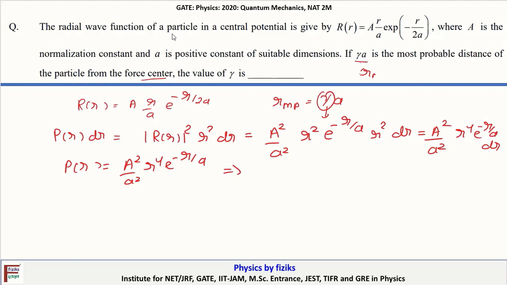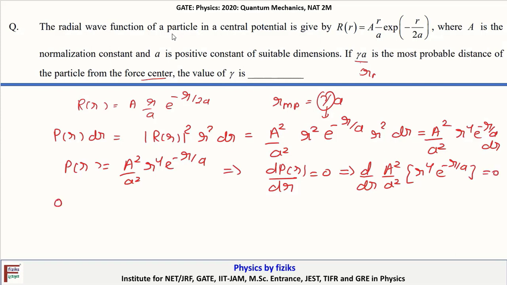Now most probable distance would be given by del P by del r must be equal to 0. That means del by del r of A square by a square into r to the power 4 e to the power minus r by a must be equal to 0.